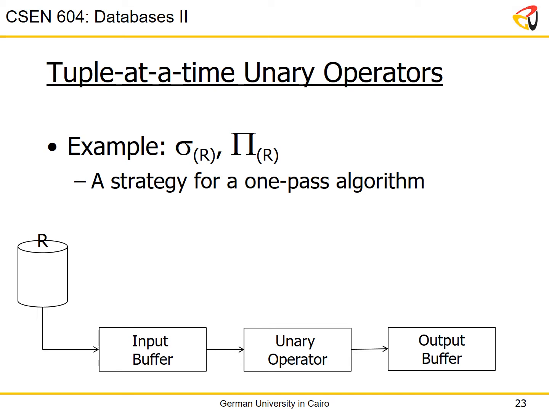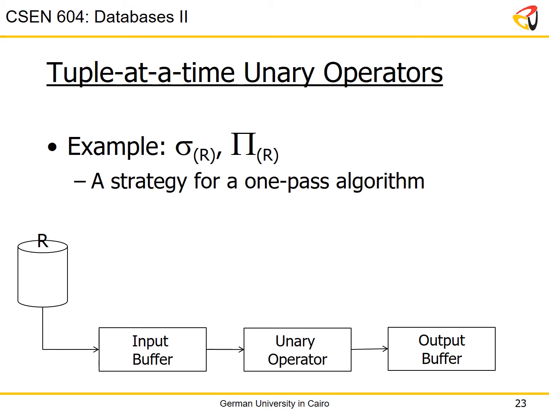So the nice thing about this kind of operator, one pass, tuple at a time, is that it fits perfectly with how we want to run things. If the relation is too big to fit in memory, and we've already divided it into pages, well, nice, I can read one page, put it in a buffer in memory, then run the operator, and it will output the result in another buffer. If the result set is too big, I can also page the result set and put it from memory to disk.